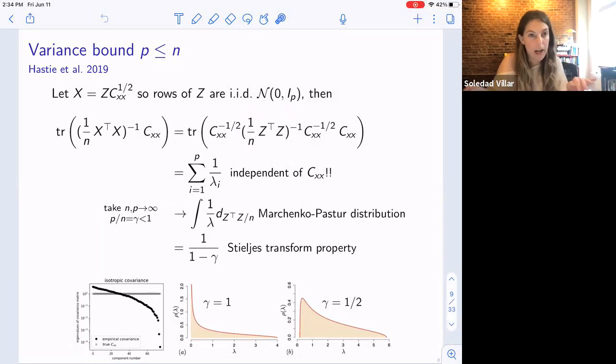This is the reason why you have this peak in the risk. It's just because the variance blows up, because you're taking the inverse of X transpose X.